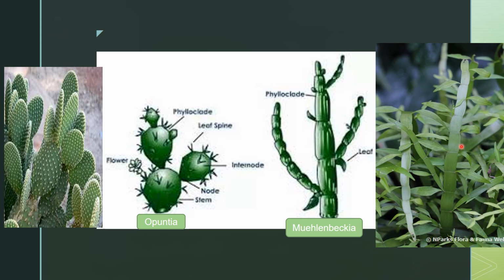As I said to you, the leaves of Opuntia plant are transformed to spines, but they can also transform to scales like Muehlenbeckia plant. There are no spines, but they transform to scale leaves.